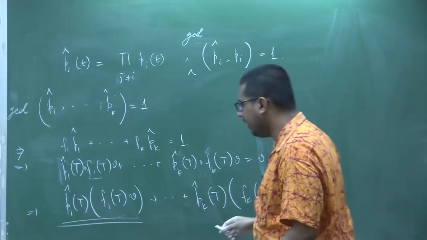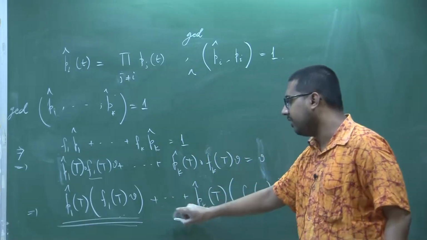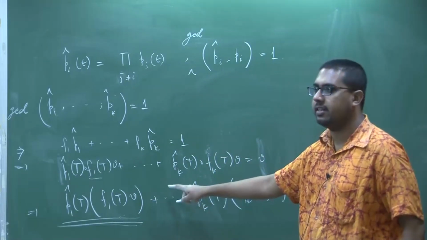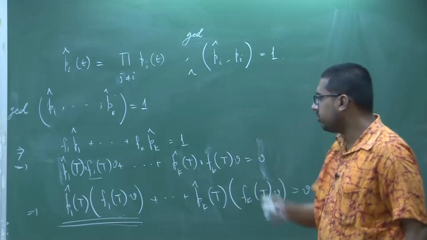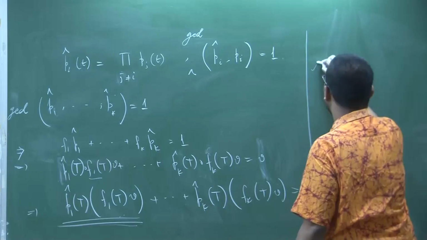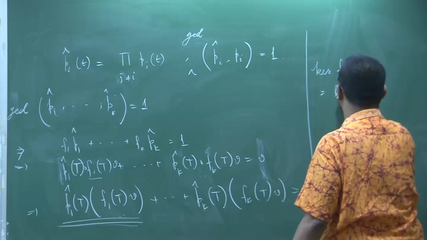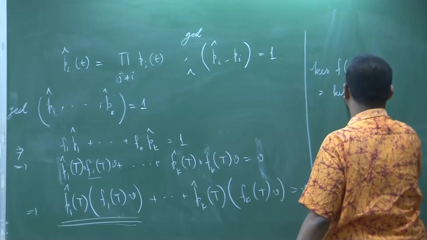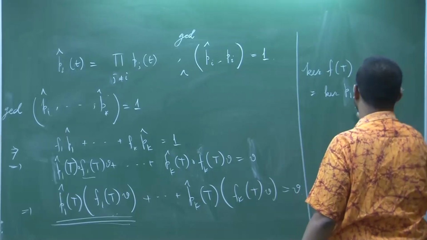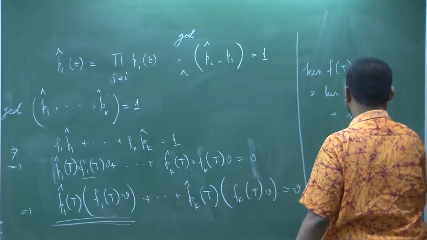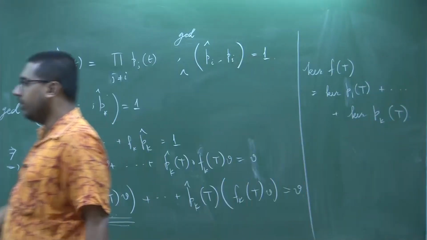Try to understand again, let me repeat the proof for you. This lies in the kernel of P1, and in general Pi hat t times Fi t times V lies in the kernel of Pit, right. Therefore, this shows the kernel of Ft is nothing but the sum of the kernel of P1t plus up to the kernel of Pkt.